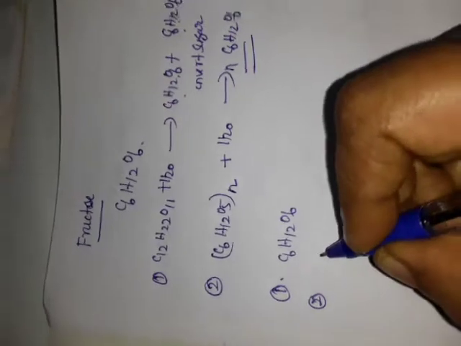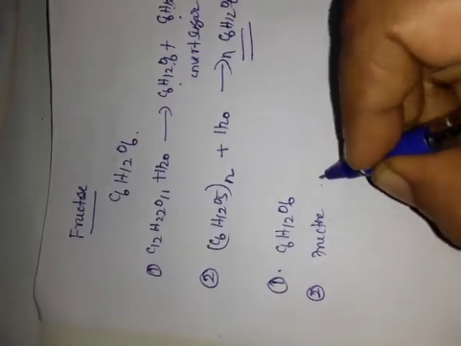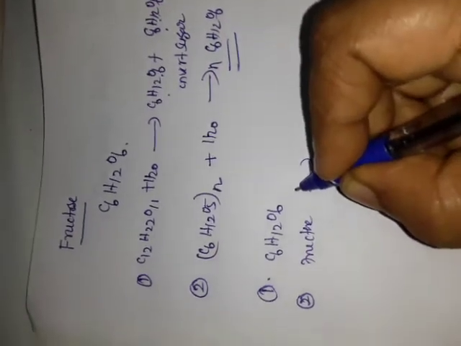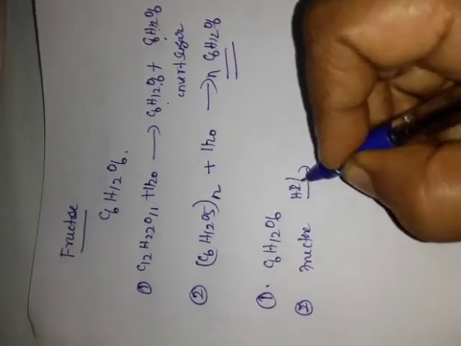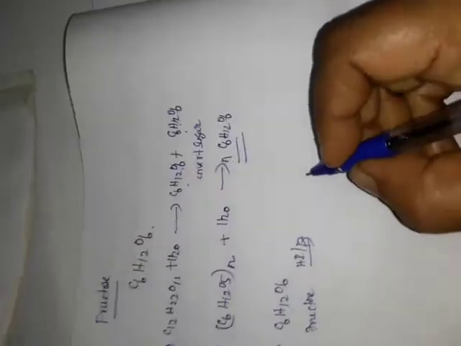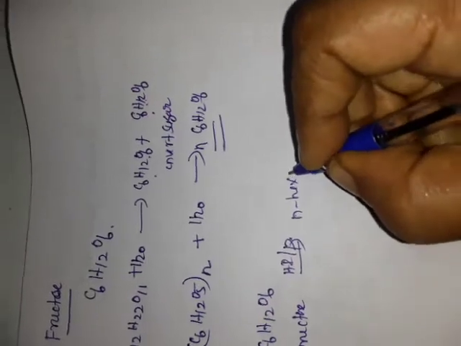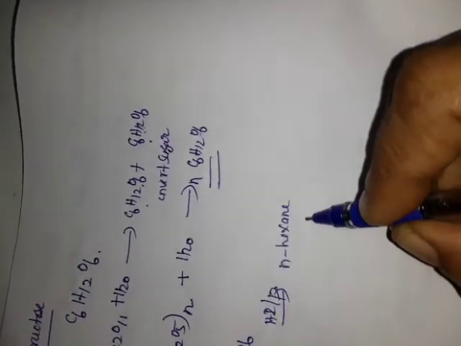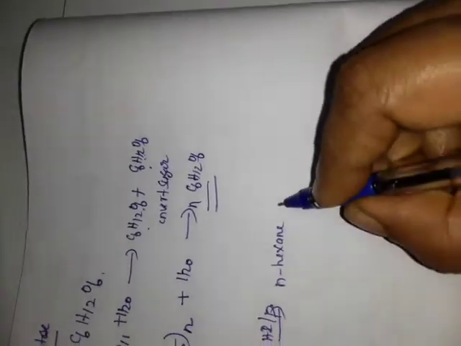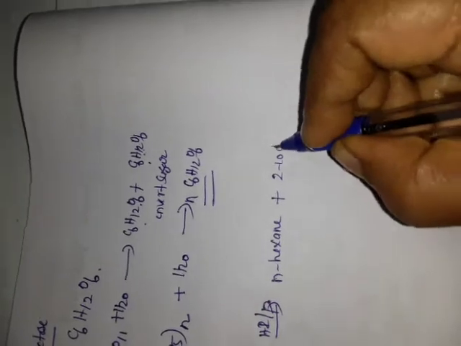Second test, fructose on reduction with concentrated HI and red phosphorus gives a mixture of two products. One is n-hexane, having 6 carbon atoms linearly arranged in a straight chain, plus one branched chain, that is 2-iodohexane.